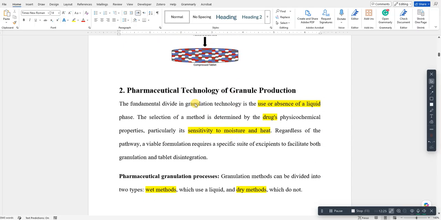Now, regarding granule production, the most important thing maybe is whether we are using a liquid or not. Of course, when we use a liquid, this is the most commonly used method, which is wet granulation, which you will learn about later.